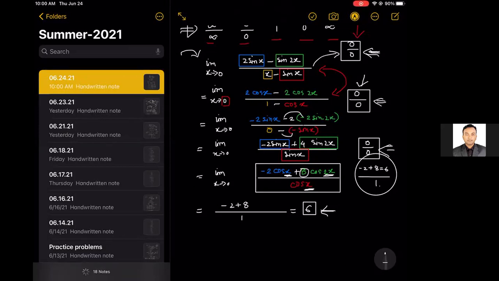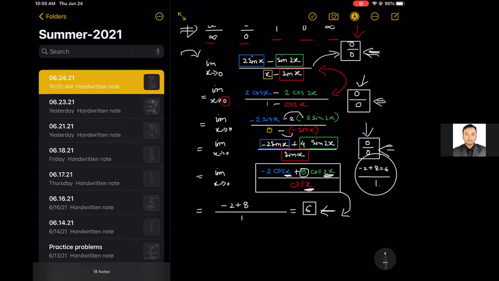And we know that sine 0 is 0. So if we use the L'Hopital rule one more time, we'll have sine functions everywhere, and if we plug in zeros in place of the x's, we'll still have this indeterminate form.